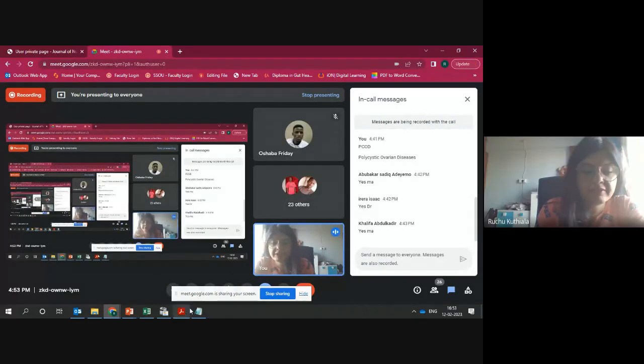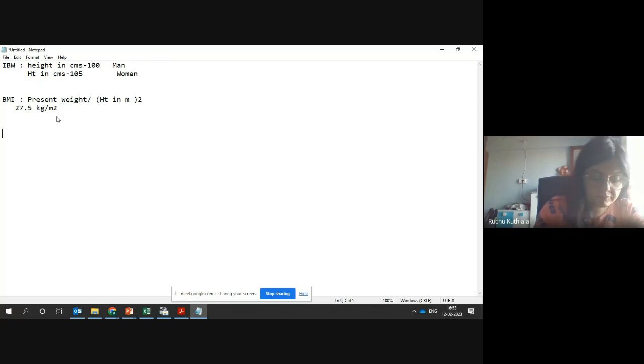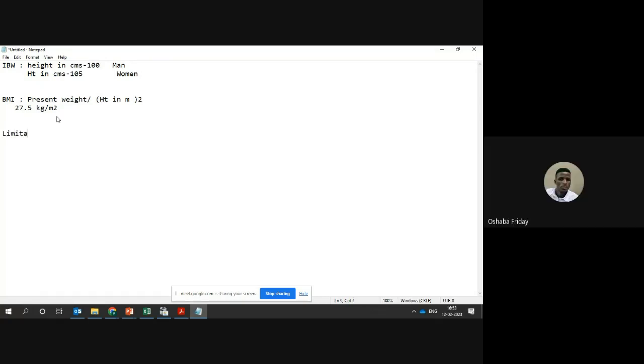Okay, tell me then. Maybe if a person is having some disability, let's say has lost the lower limbs, they are cut, calculating BMI would be difficult to get a normal BMI.